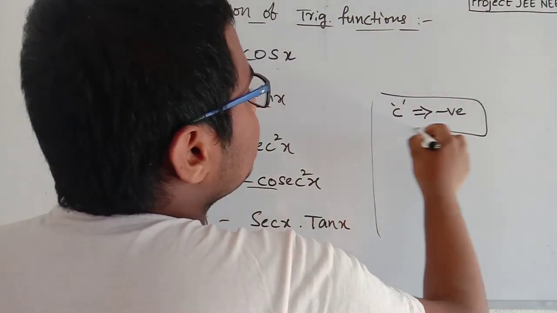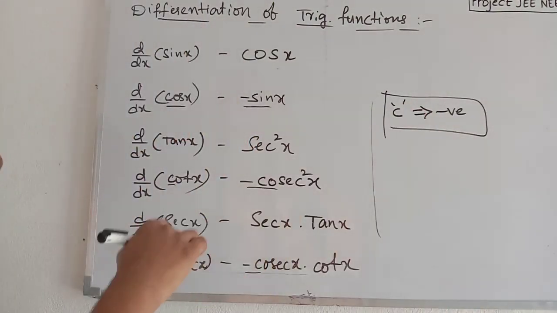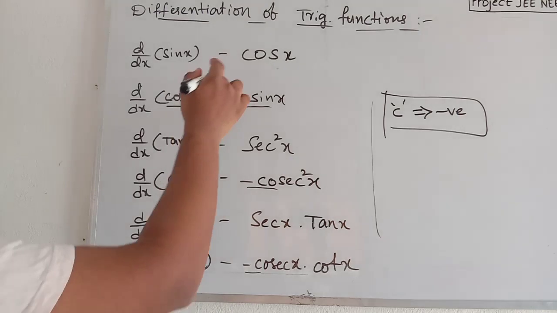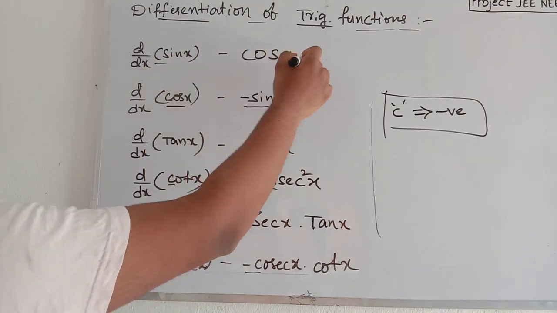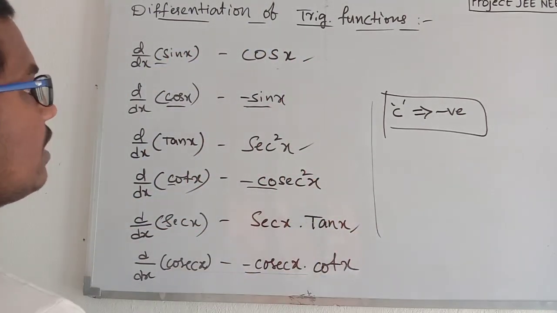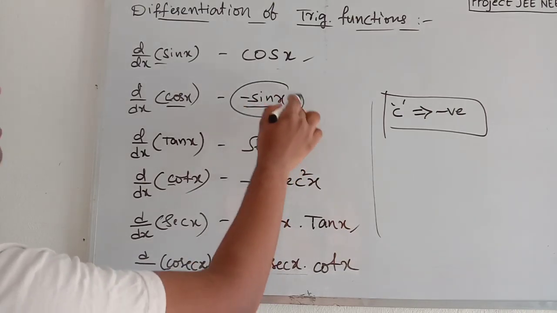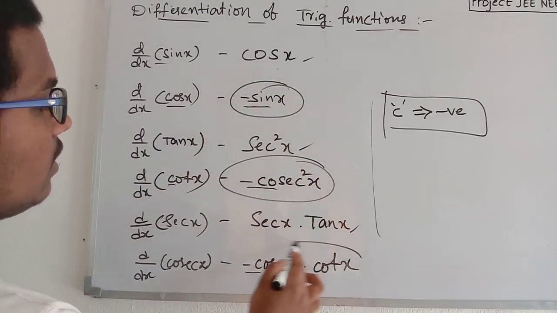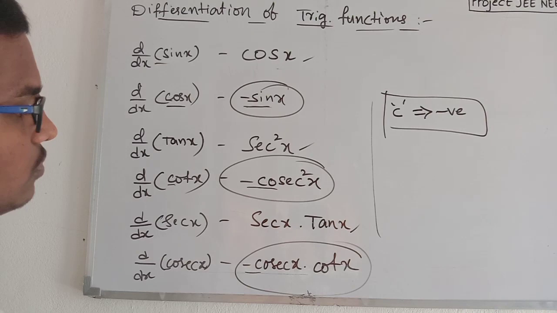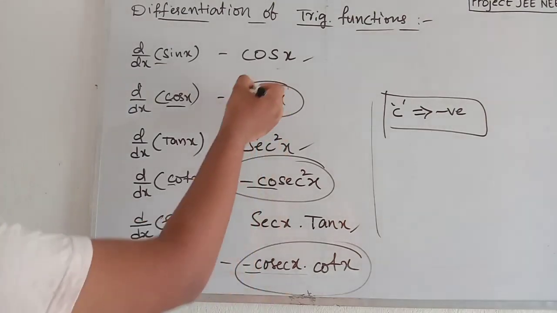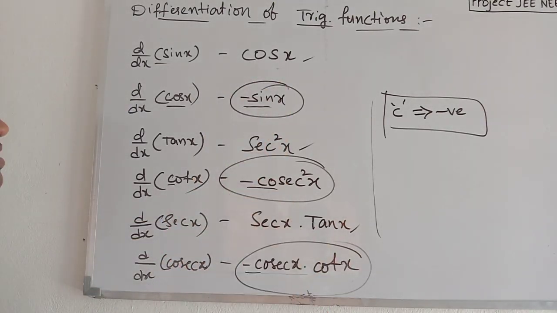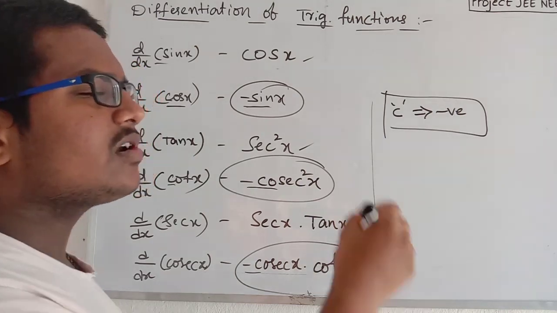This is the main key point here. All the remaining functions' derivatives will have positive values. These are positive values, and these three are negative values. So remember these three, and the others will automatically become positive.